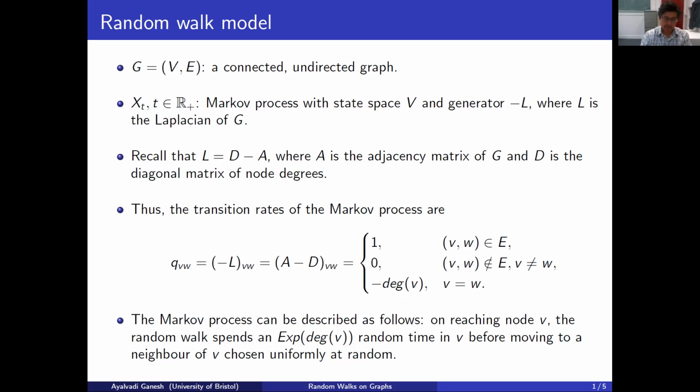And that's the Markov process. An equivalent way to think about it is to say that the transition rates are given by these off-diagonal terms. So you associate independent exponential random variables with each of the possible transitions.